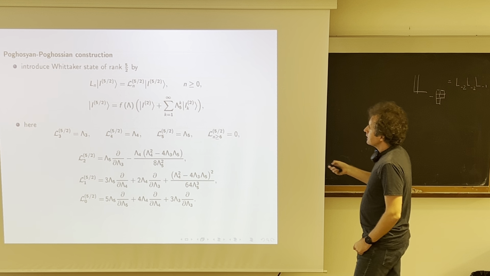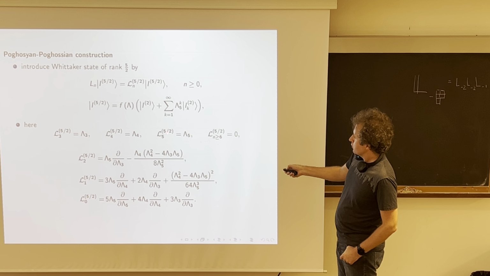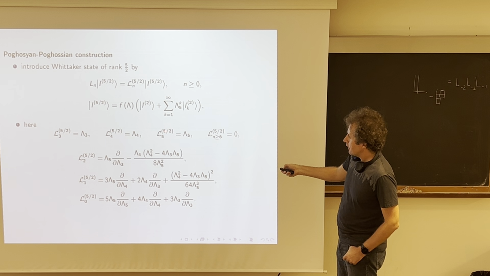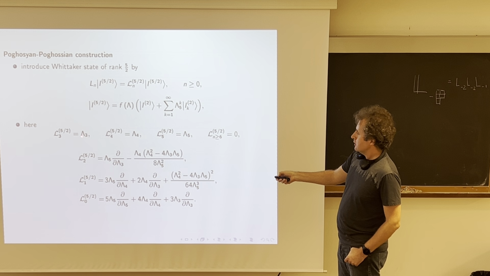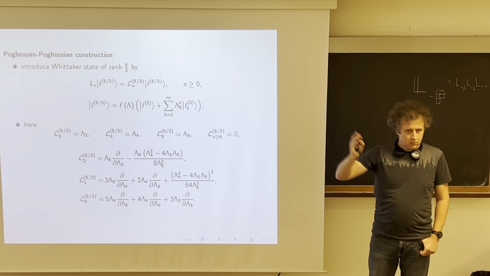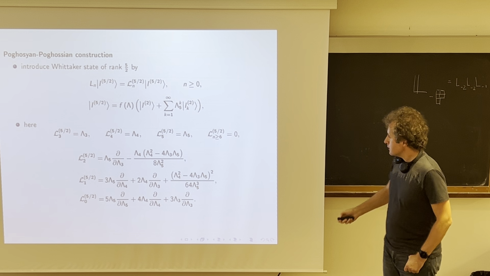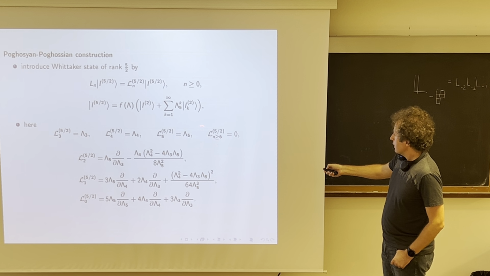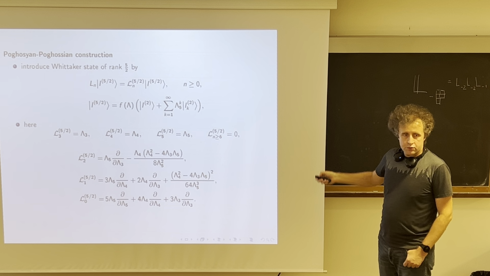So now, talking about a Whittaker state of rank 5/2, this means that I want to have L3, L4, and L5 which act by numbers. Then the other one should give you 0. And here you just plug in an ansatz.